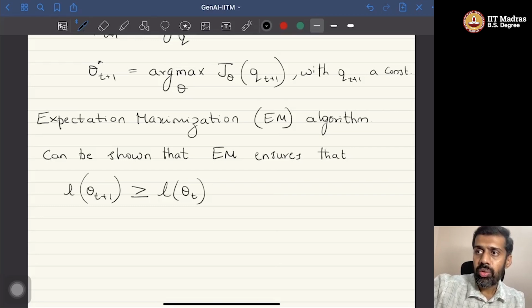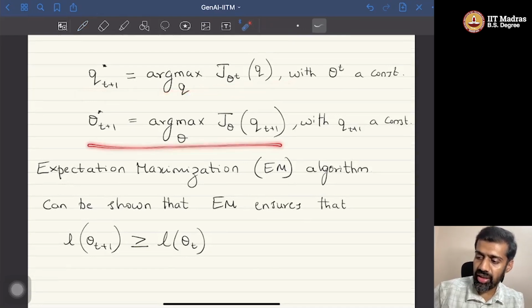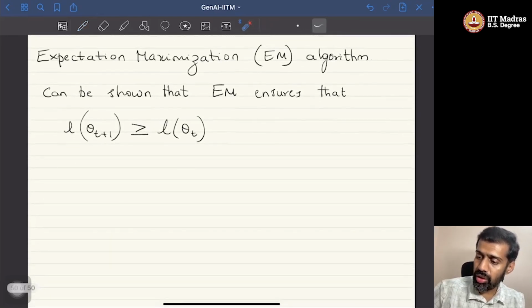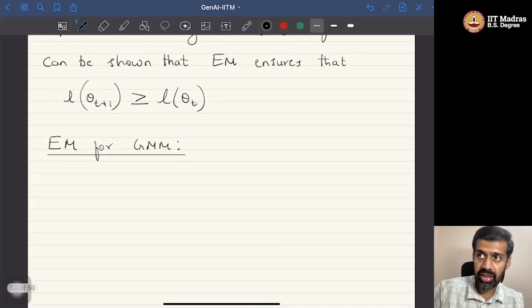Okay. Now the question is, how do we solve these optimization problems, which is finding q star t plus 1 and theta star t plus 1? Turns out, for GMMs, EM for the Gaussian mixture models, EM can be done in a deterministic manner. It can be done easily.